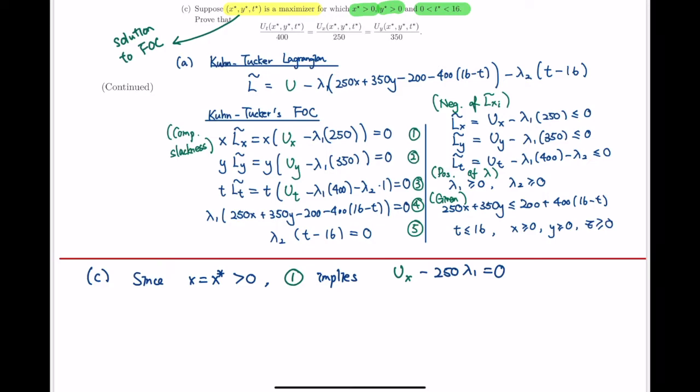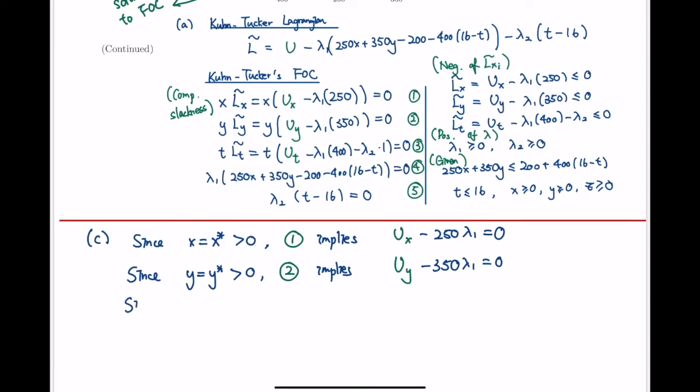And similarly, you can do the same argument for the second equation and the third equation. Since y star is strictly positive, the second equation implies that when you have a product that becomes 0, at least one of them is 0, but this is not 0, so this must be 0. So you have uy minus 350 lambda 1 equals 0.